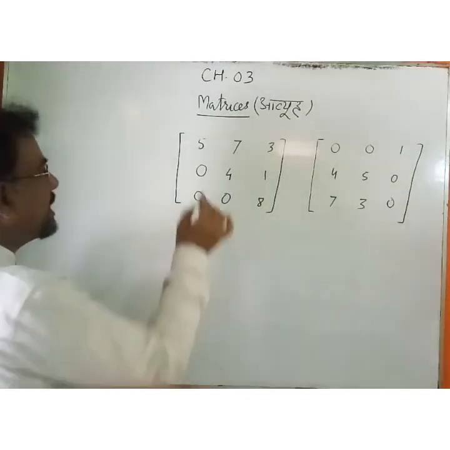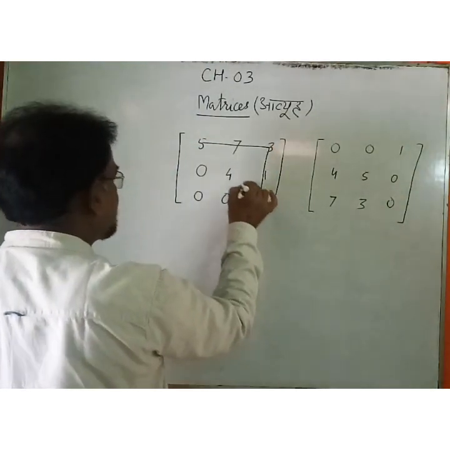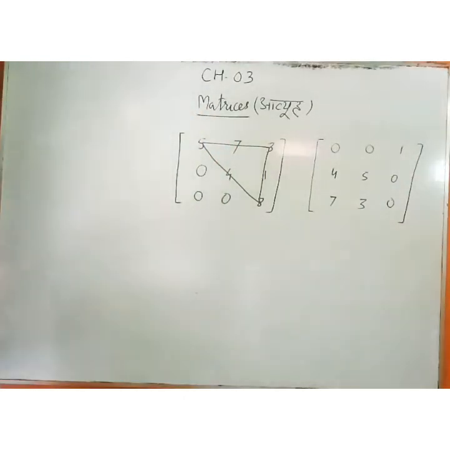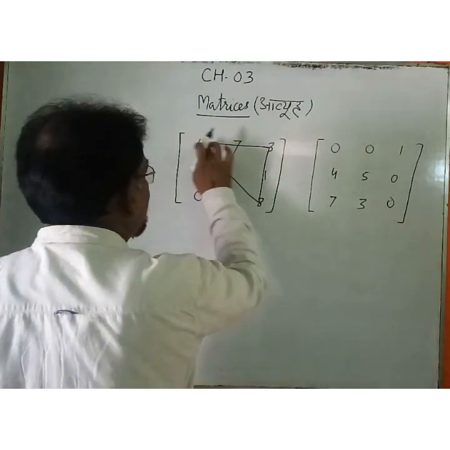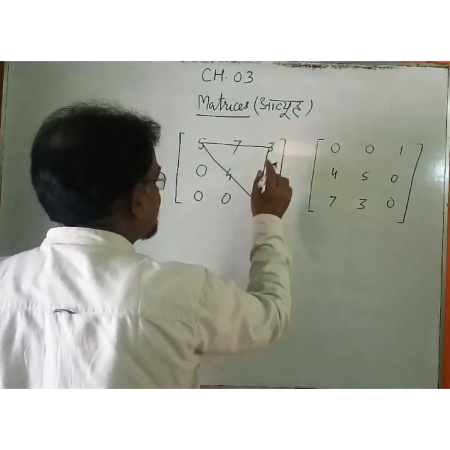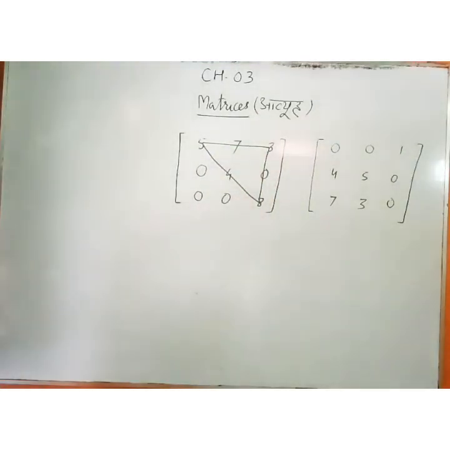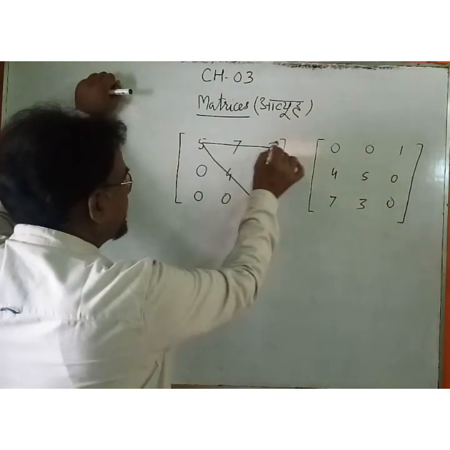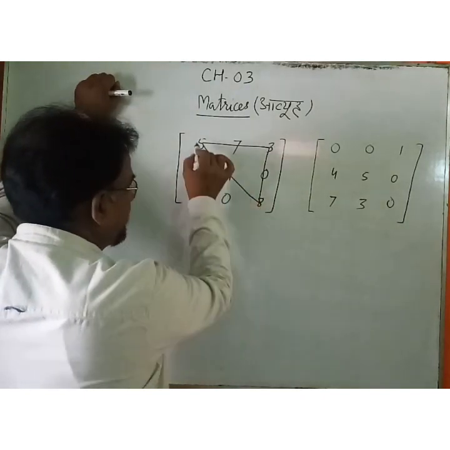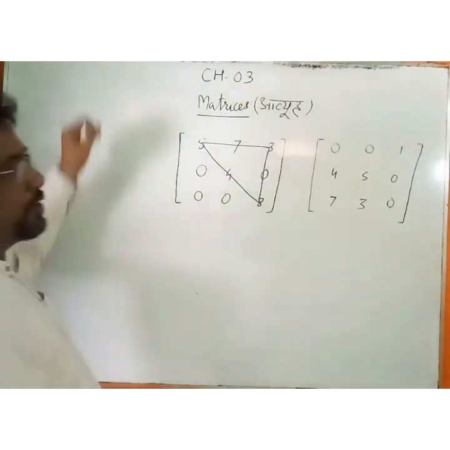Now you can see that joining these numbers, a triangle is formed. In this triangle, not all members are 0; one or more members may be 0 there. So 5 7 3 0 4, this triangle is formed, and the remaining members are 0.